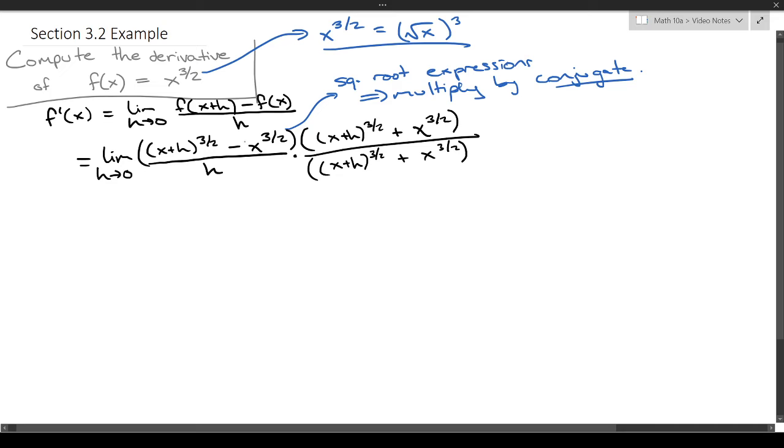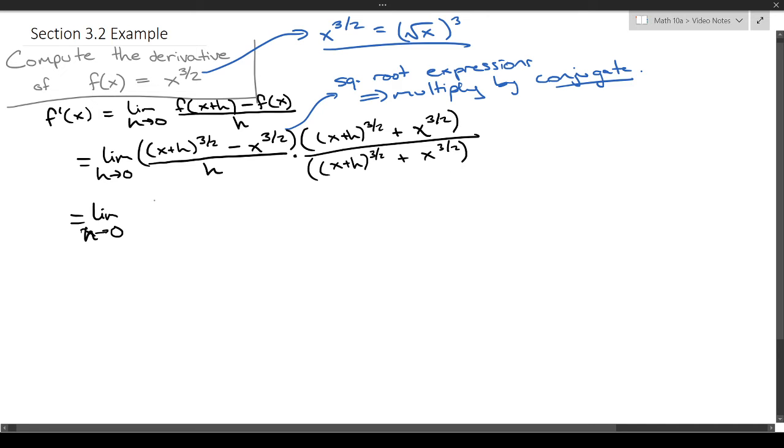Okay. Now, this is a fairly ugly expression, but we can do some simplifications, and we'll see why multiplying by this in particular is useful. It'll get rid of the square roots in the numerator. So x plus h to the 3/2 times x plus h to the 3/2, limit as h goes to 0.